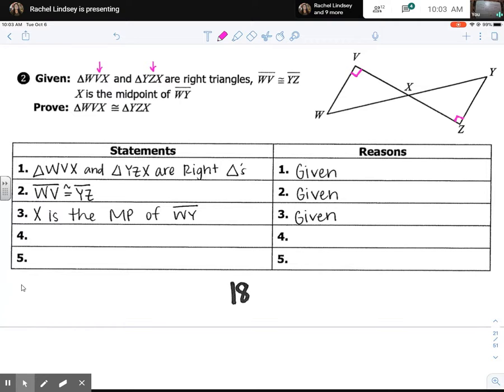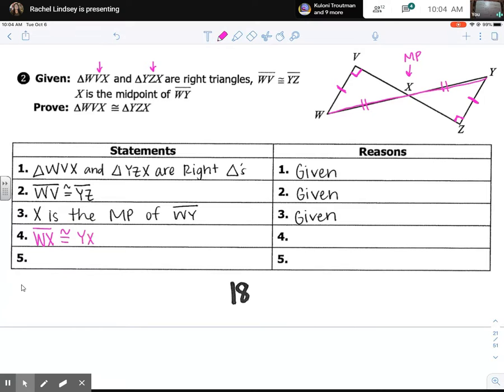We're also given that WB is congruent to YZ, and we're also given X is the midpoint of WY. So if X is the midpoint of WY, then what do I know about WX and XY? They equal each other. So I'm going to put WX congruent to YX.